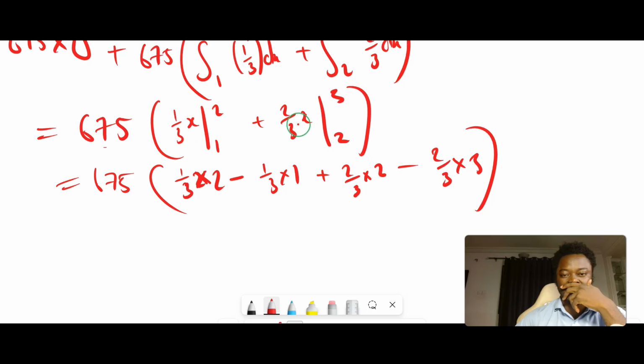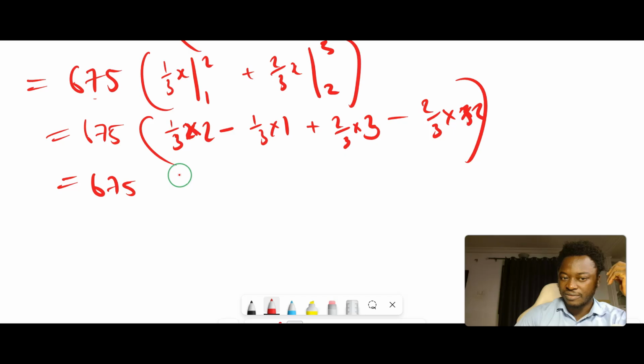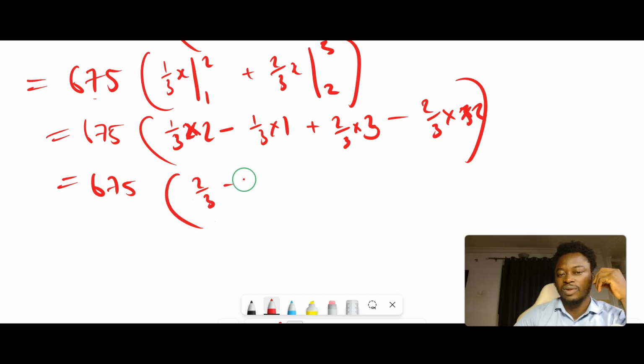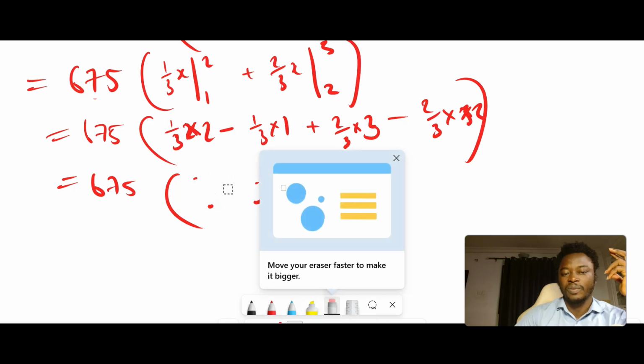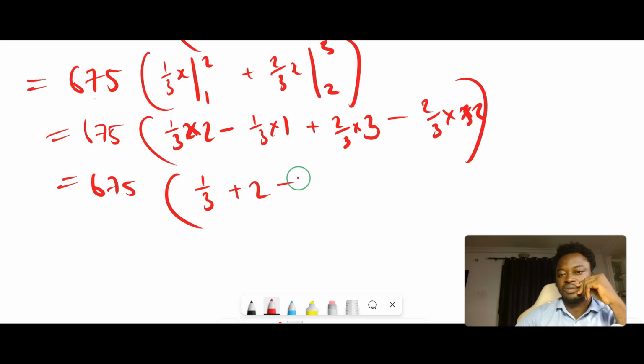Okay, so that would be 675. Then you have 2/3 minus 1/3, that should be 1/3, right? So you have 1/3, and then you have 2 minus 4/3.